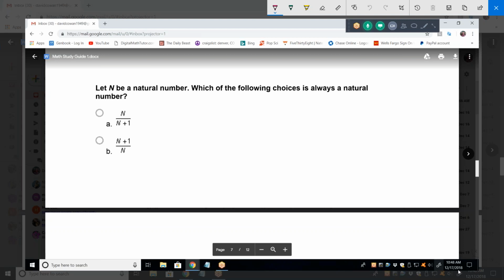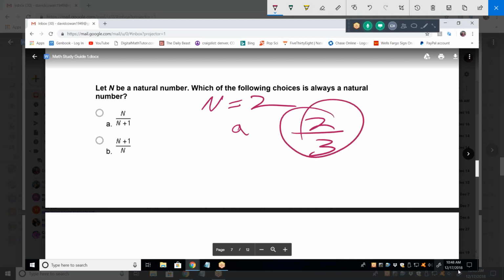So let's try 2. N equals 2. Well, A would then be 2 over 3. Well, that's not a natural number, if I understand what natural number means. I'm beginning to think I don't.